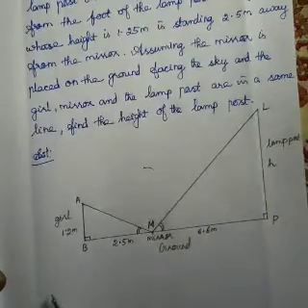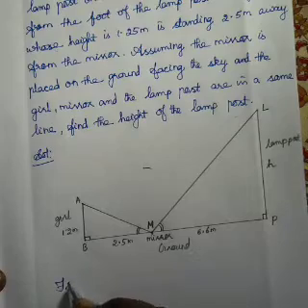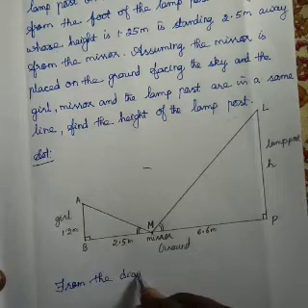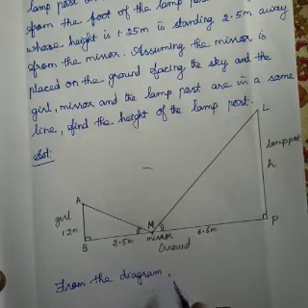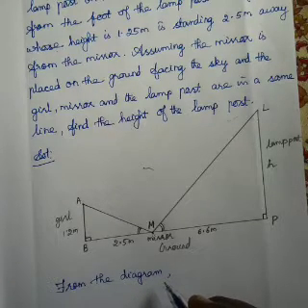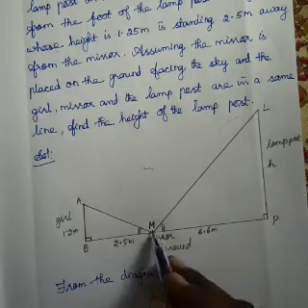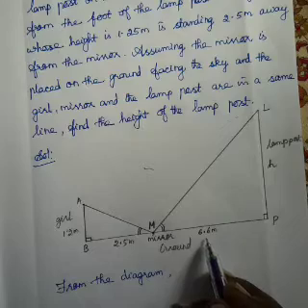So we can write this from the diagram. Distance between mirror and post, it is MP, that is 6.6 meter.